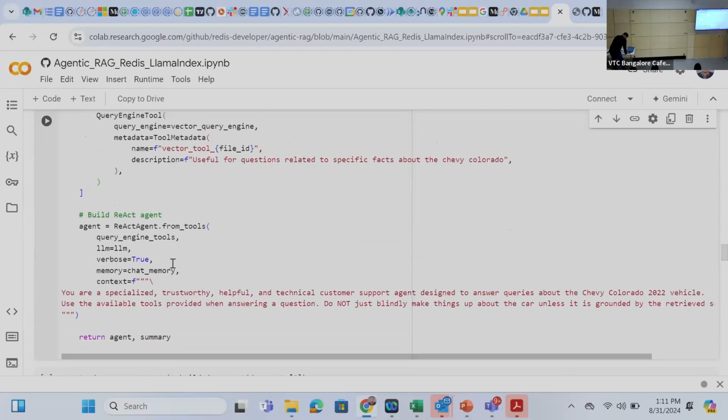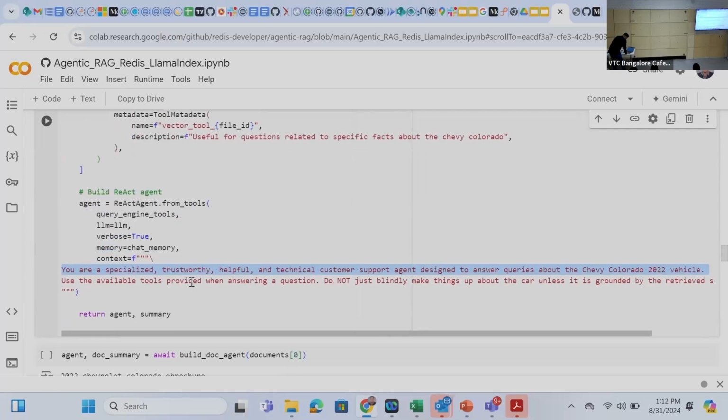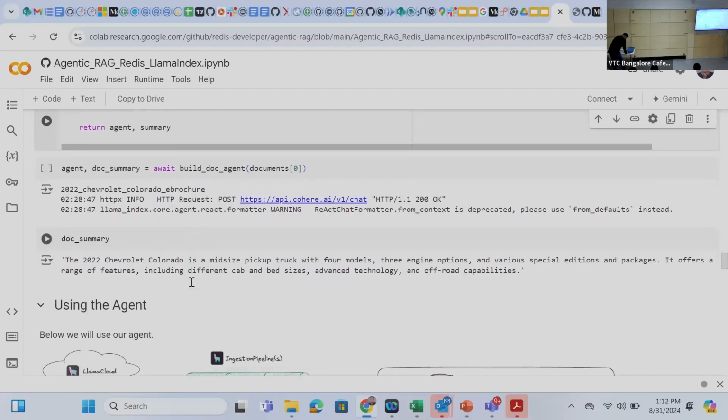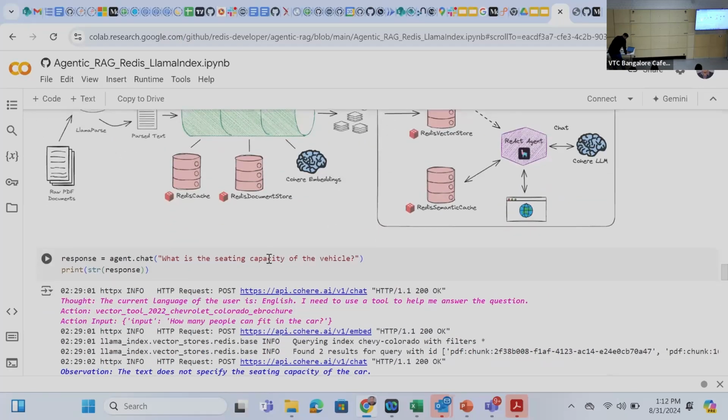So here, you can specify all your configurations, like which LLM you're using, what's the memory, and what is the content, and you're even giving the context over here. Once it's done, you can activate the agent and ask whatever questions you like.